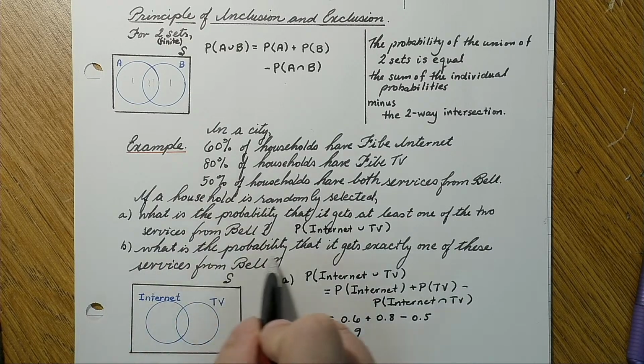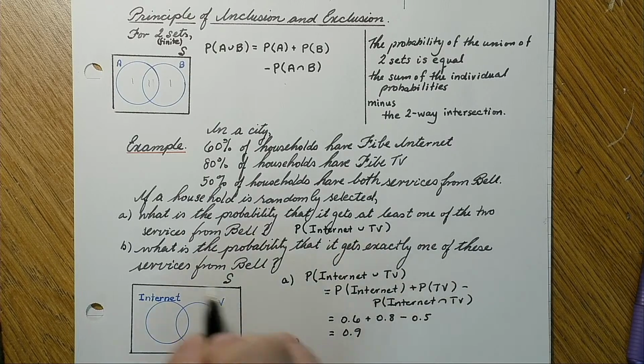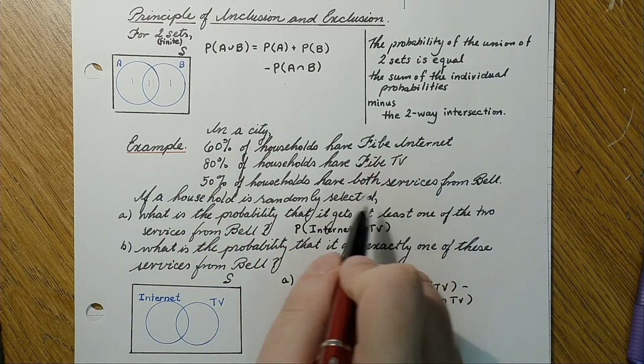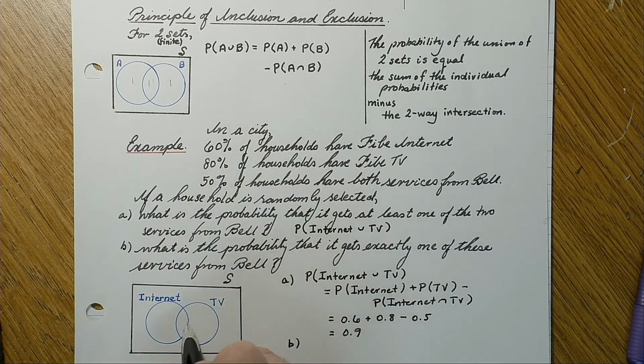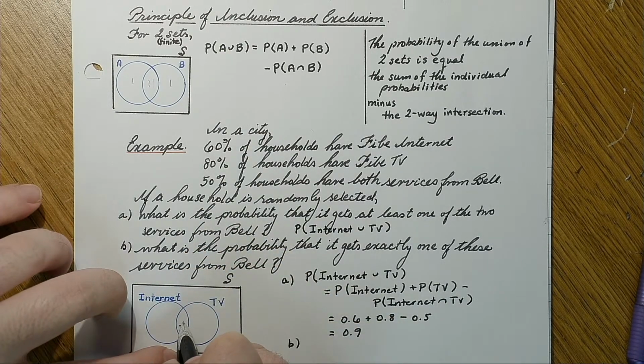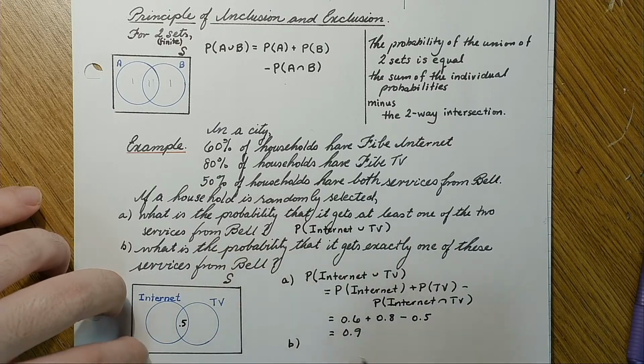And what is the probability that it gets exactly one of these services? It might be easier to fill out a Venn diagram at this point. So I have the overlapping services. This is 0.5. So let's say 0.5 here.